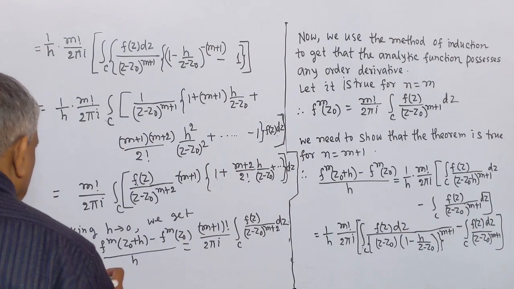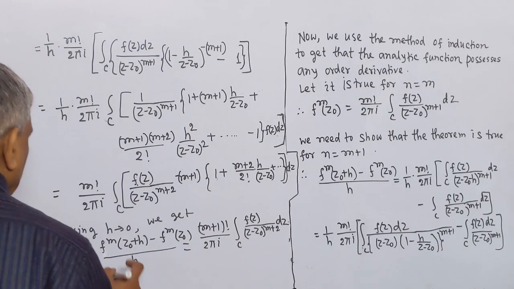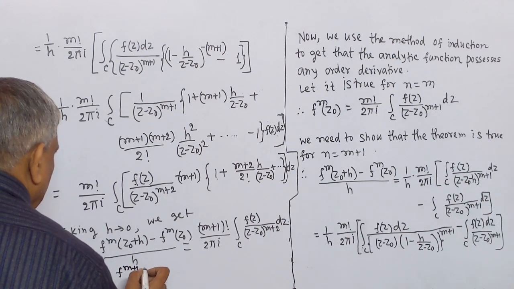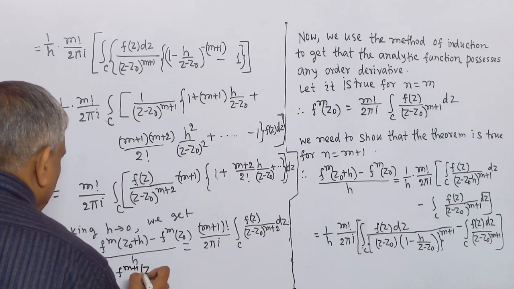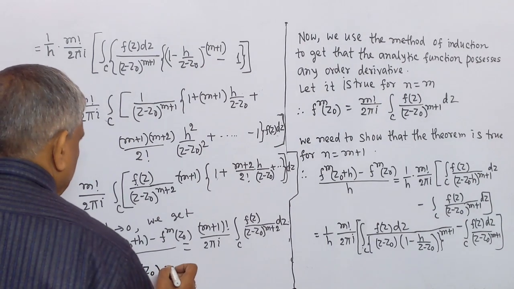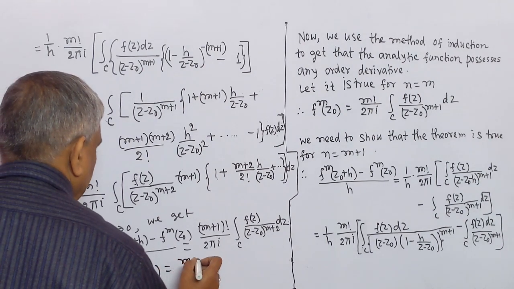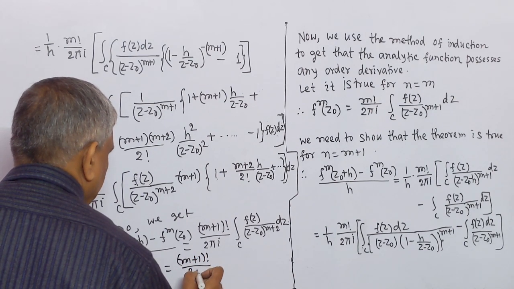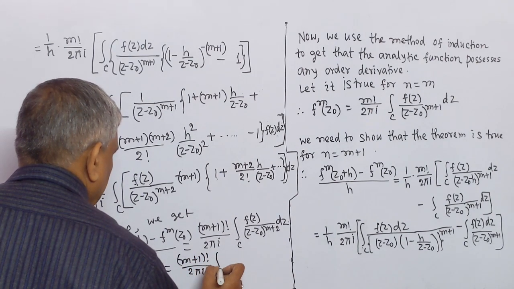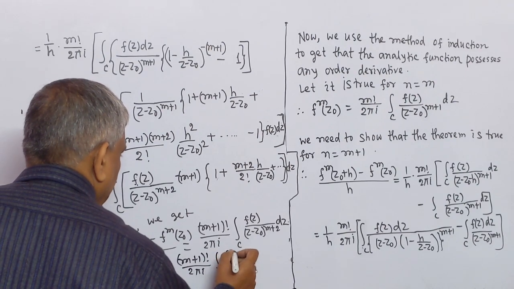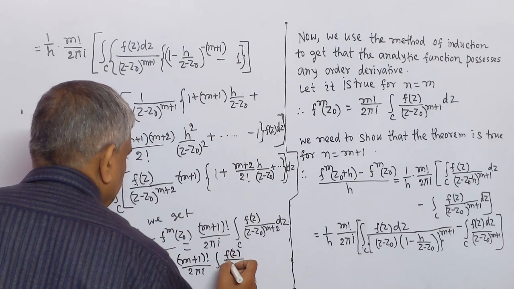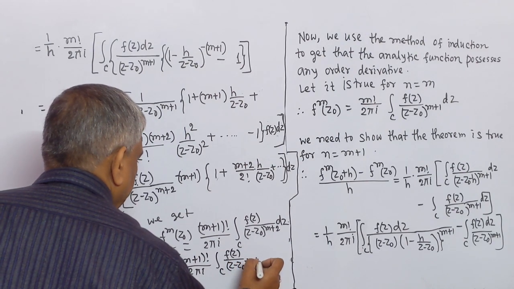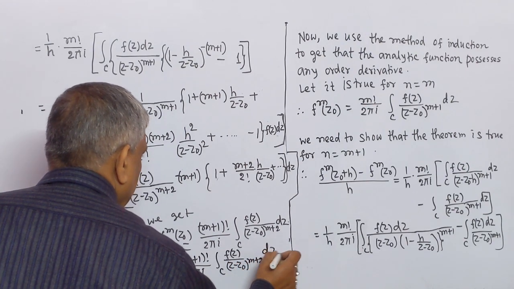This implies that the m plus 1th order derivative at the point z0 equals factorial m plus 1 by 2 pi i times the integral along C of f(z) by (z minus z0) to the power m plus 2 dz.